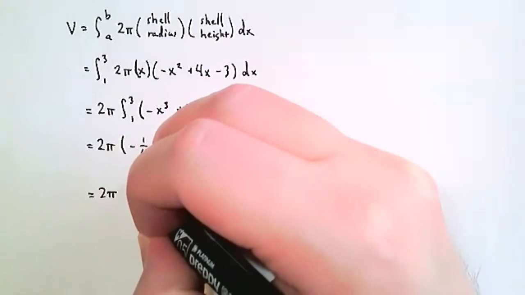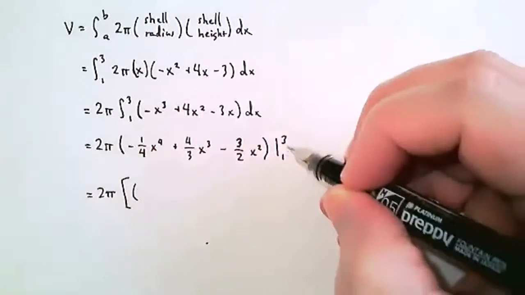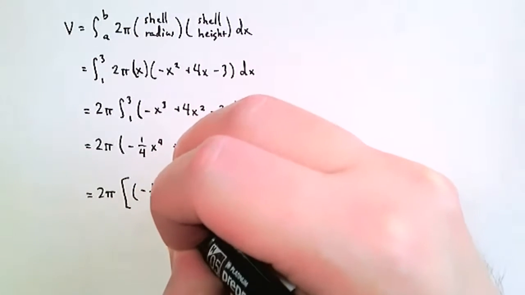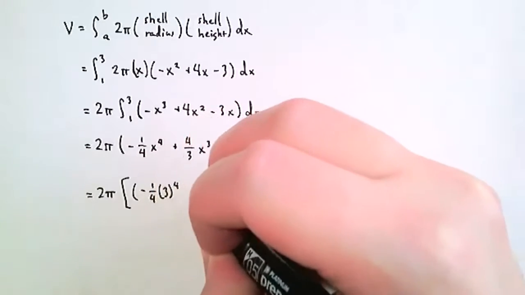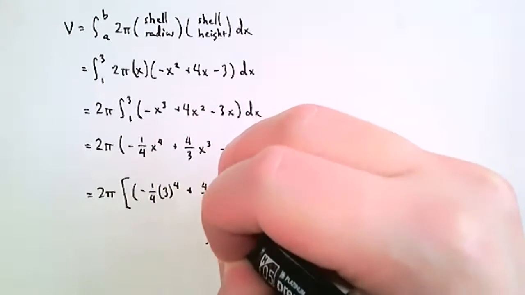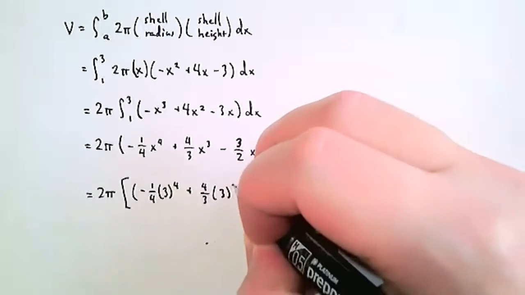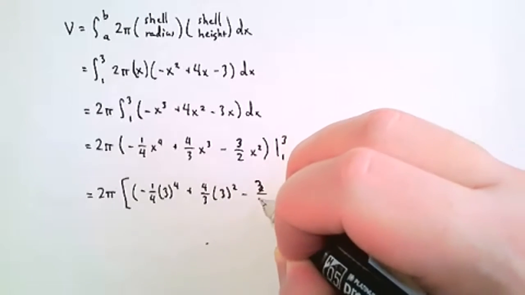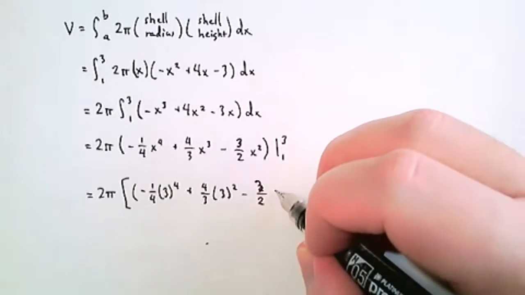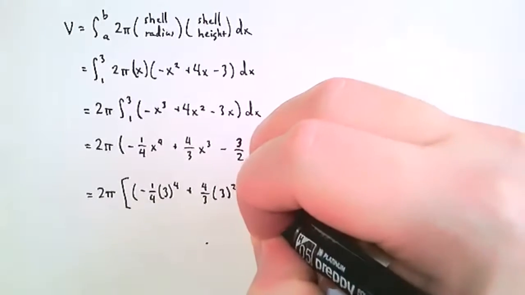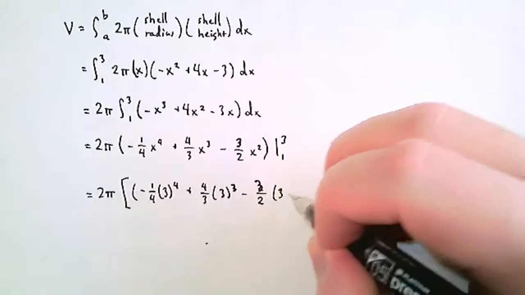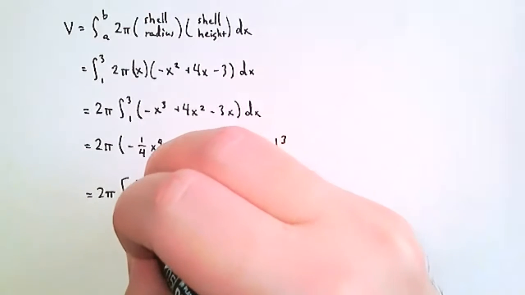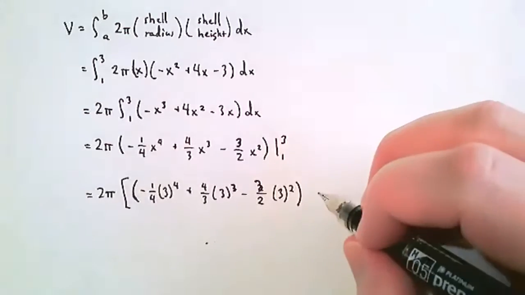So maybe leave your 2 pi on the outside and then plug in 3, so minus 1/4 times 3 to the 4th power plus 4/3 times 3 cubed minus 3 halves times 3 squared. Okay, so that takes care of the upper limit.